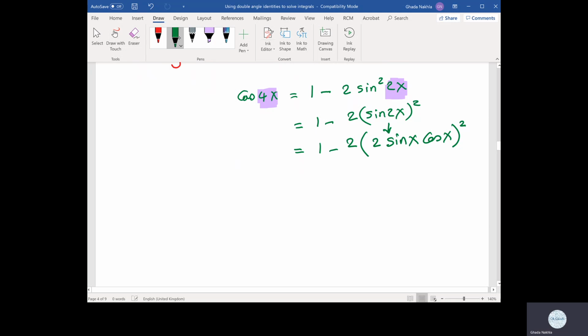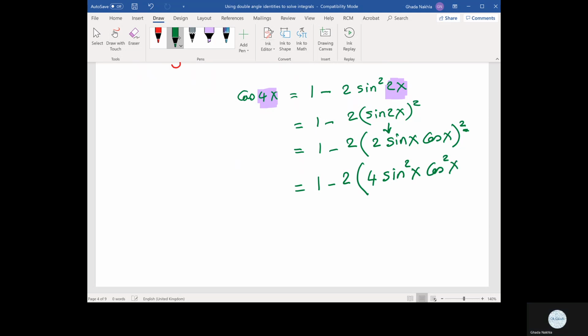This means that 1 minus 2, and then I am going to square everything inside the bracket. So I'm going to go 4 sine squared x cos squared x. And I'm going to cheat and stick an 8 here, which is 4 times 2.